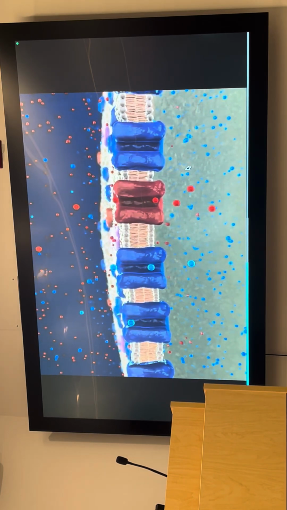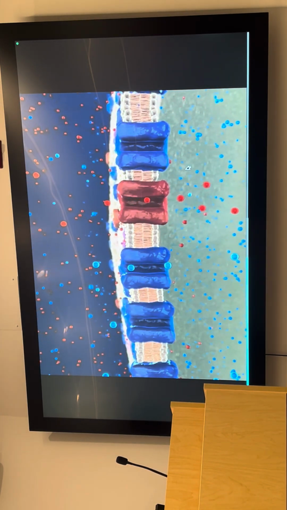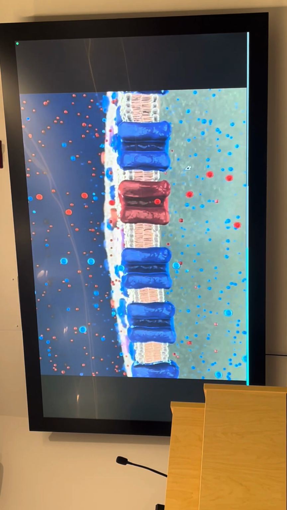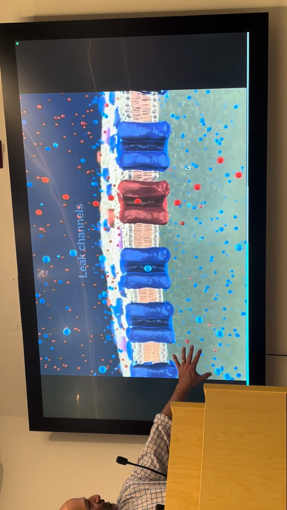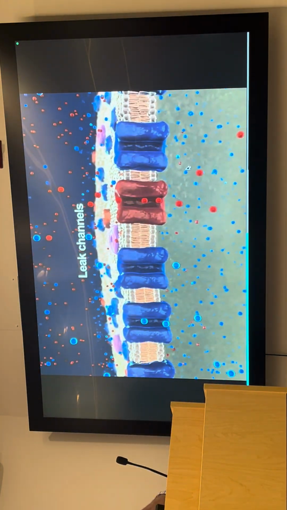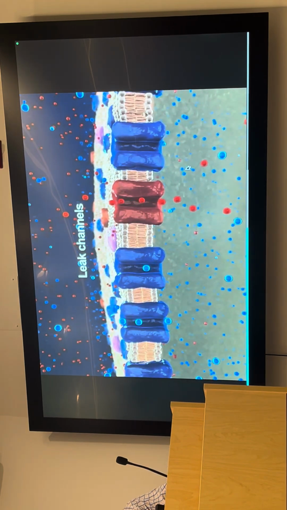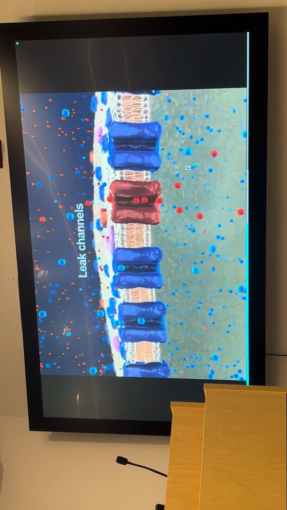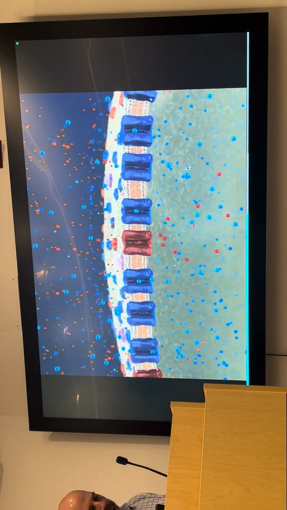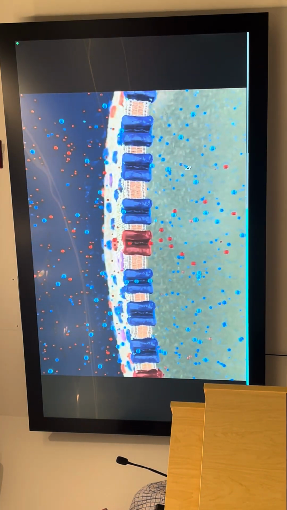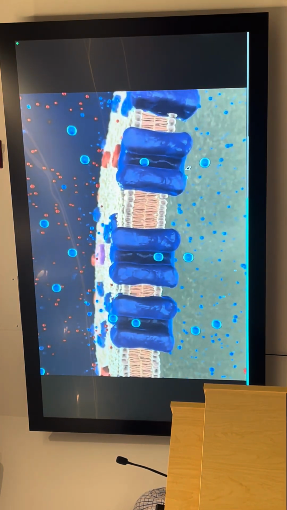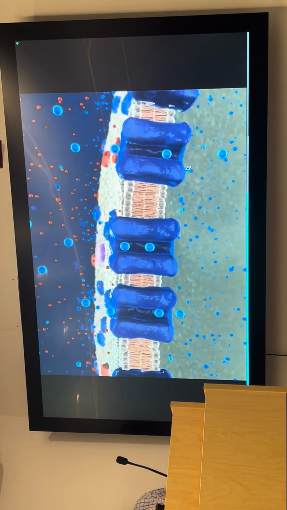Second, the resting membrane potential depends on the differential permeability of the plasma membrane to sodium and potassium ions. Leak channels in the plasma membrane allow sodium and potassium ions to diffuse or leak down their concentration gradients. The membrane contains many more potassium leak channels than sodium leak channels. Thus, the membrane is much more permeable, or leaky, to potassium ions.